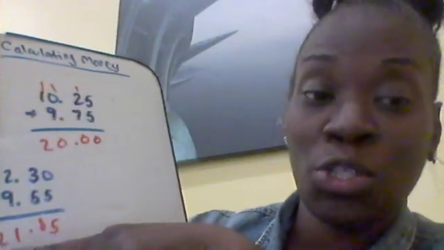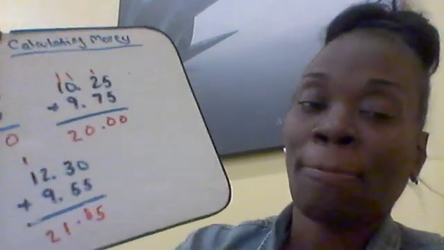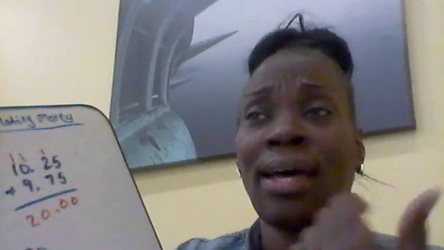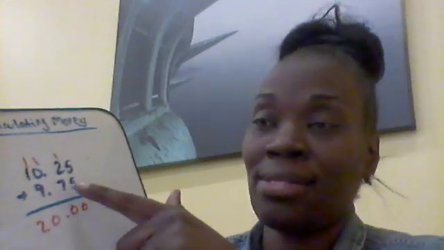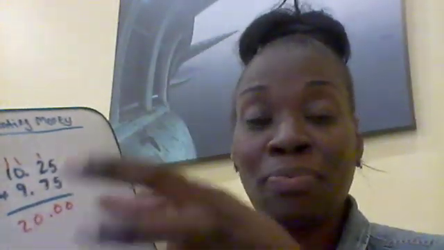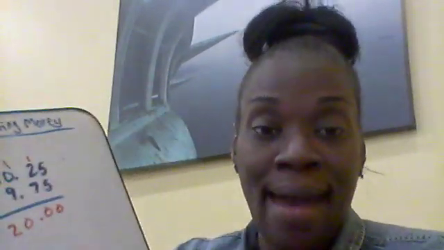So you have $21.85. Okay, so all three of them, the main thing is we align our numbers by ones, tens. Anything in front of the decimal is the whole number, and you align it the same way. Ones, tens, and hundreds, and you add.